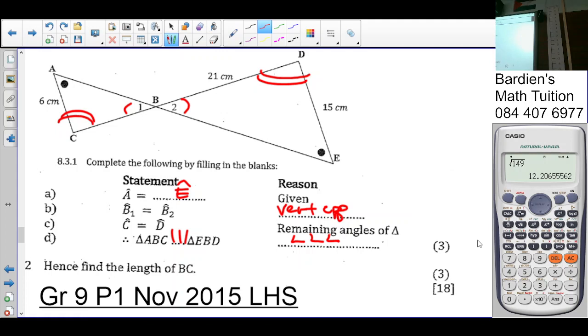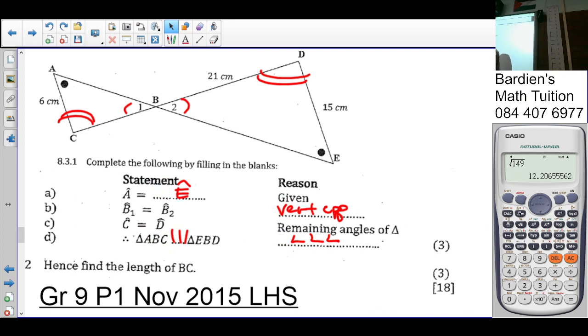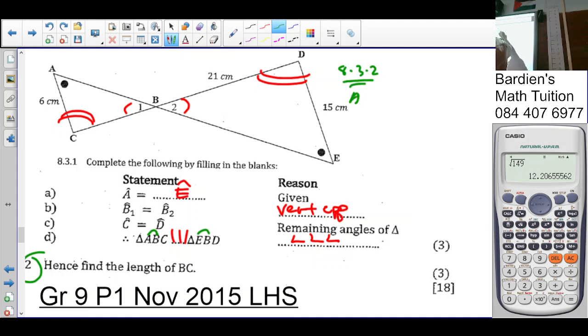Then the question says, hence. So what does hence mean? The previous calculation. Find the length of BC. But before we go into that, we should know that this is 8.3.2. We should know that AB over EB is equal to BC over BD equal to AC over ED.